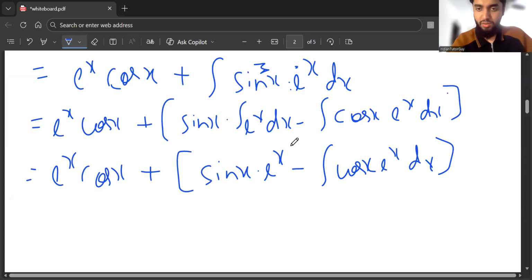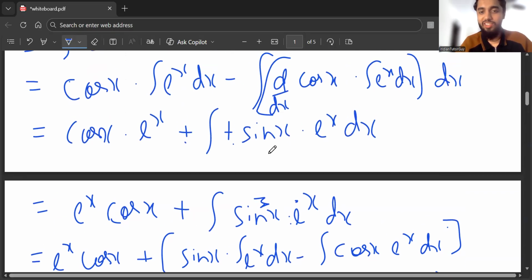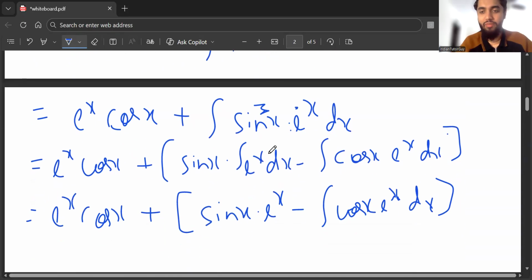Okay, if you notice, we are kind of going in a loop here, because e to the x stays as it is when we integrate it, and the sine and the cosine keep switching. Obviously the sign changes from negative to positive, but we're flipping back and forth between sine and cosine.